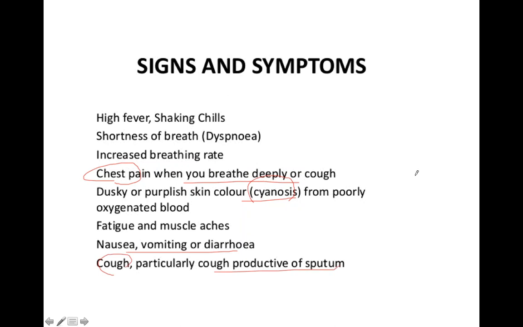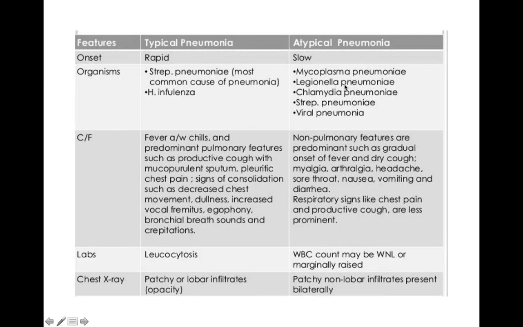Could you just go back one slide. So as you can see, we have typical and atypical pneumonias. Typical is mainly caused by pneumococcus, which is the most common, and also H influenzae. Moraxella can also cause it. Atypical causes are mycoplasma, legionella, chlamydia, and viral pneumonia.